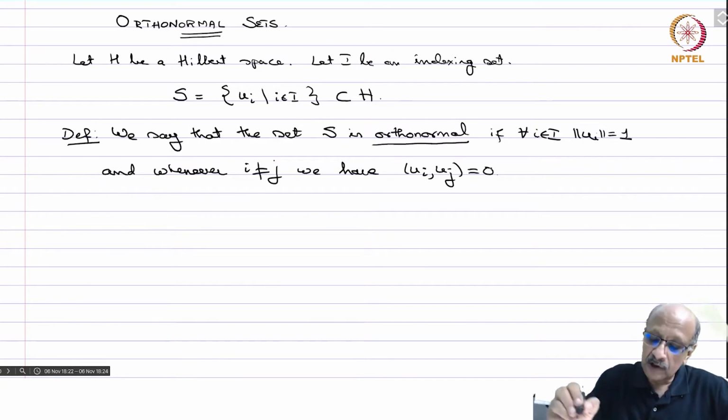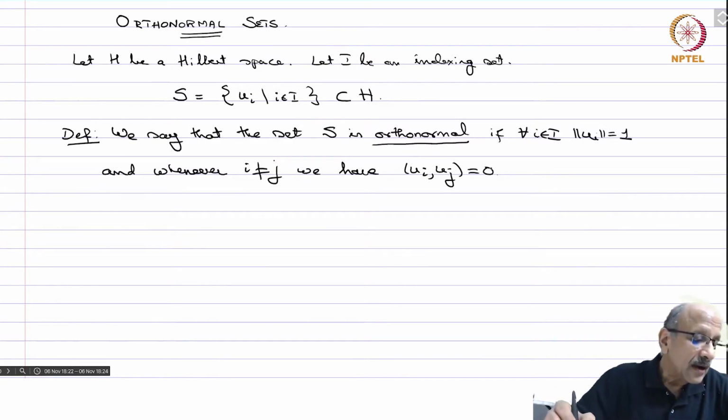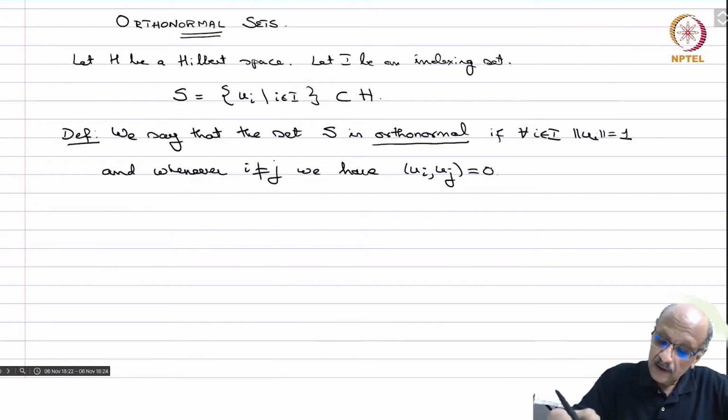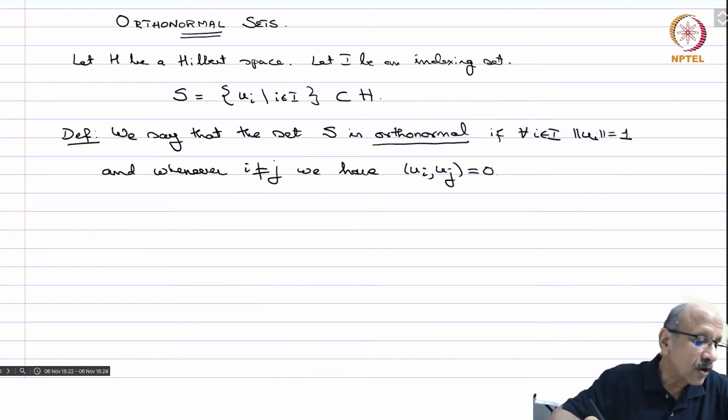So they are all orthogonal to each other, and they are all normalized vectors, namely they have norm equal to 1, and therefore such a set is called orthonormal.